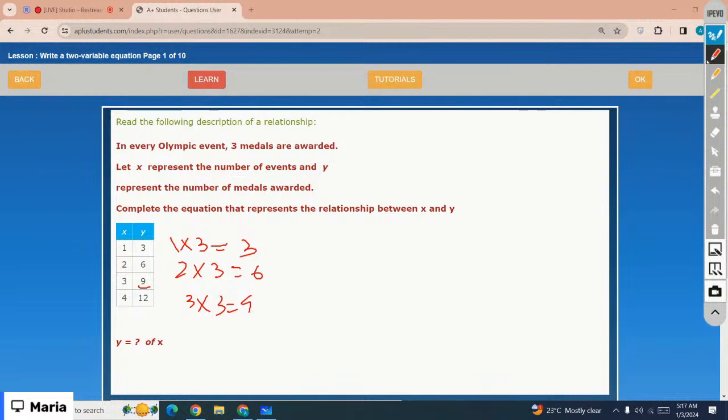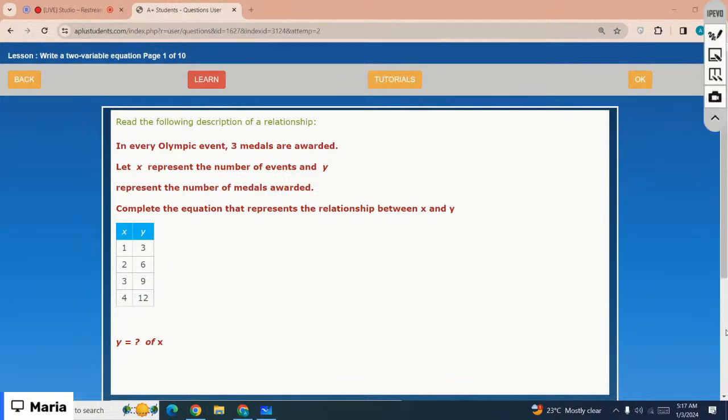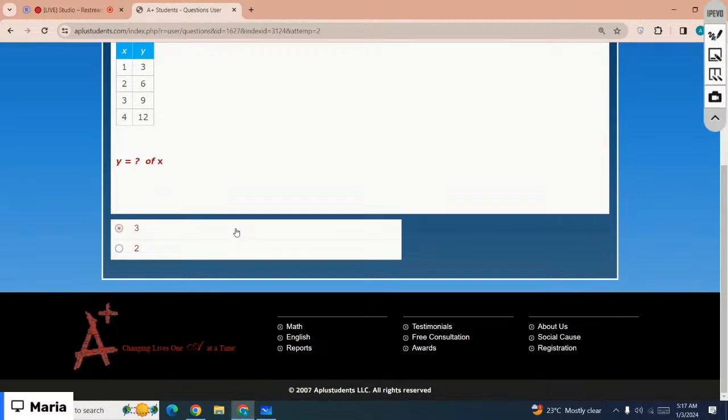Yes, that is Y equals 3 times X, right? The correct option is 3X, because each Y is a multiple of 3. The correct option is 3.